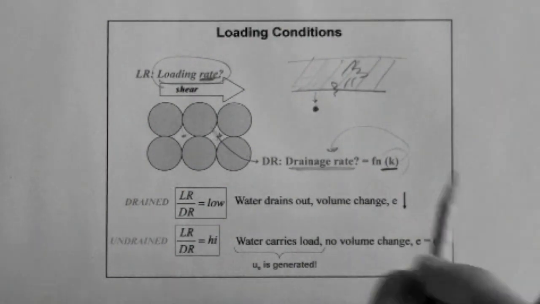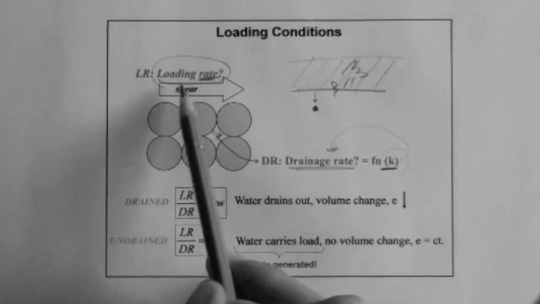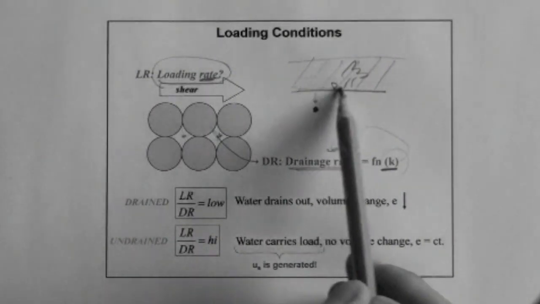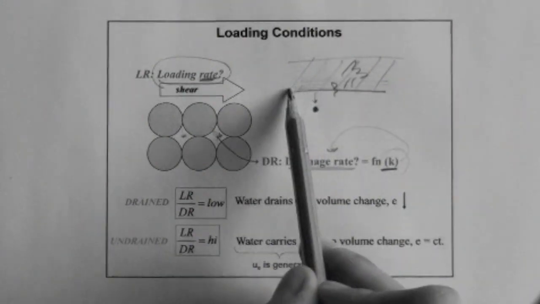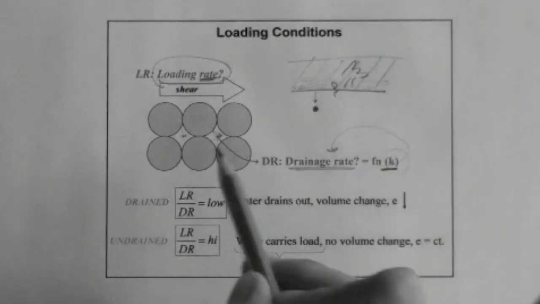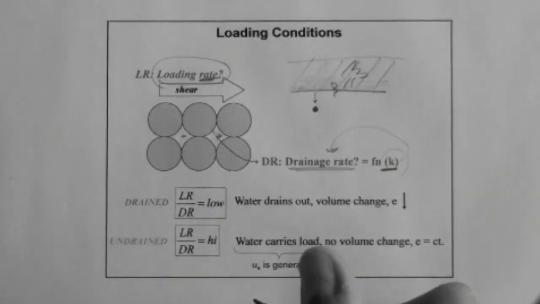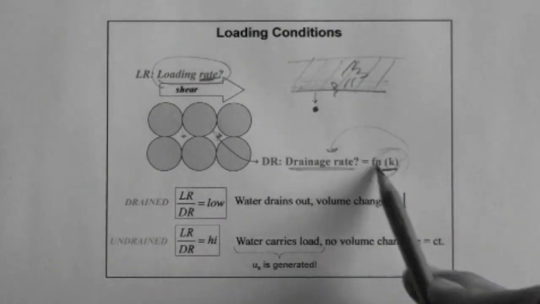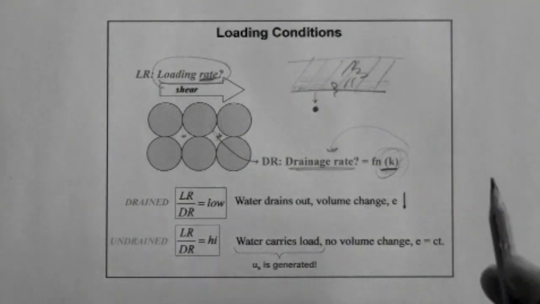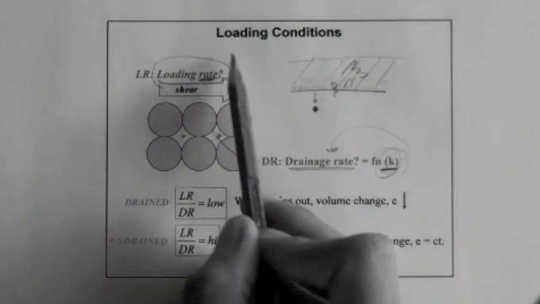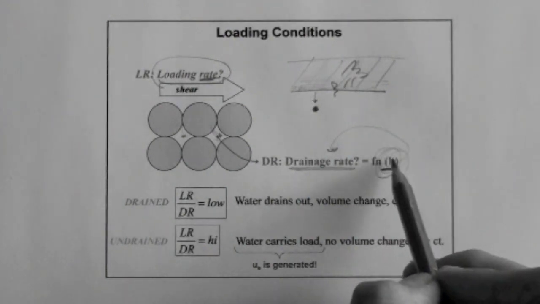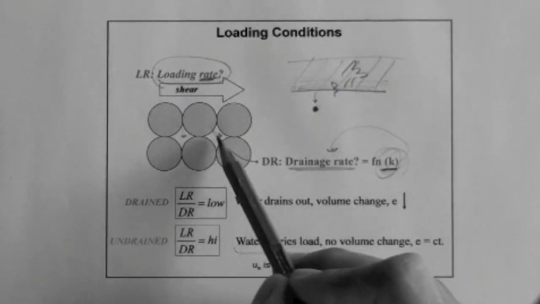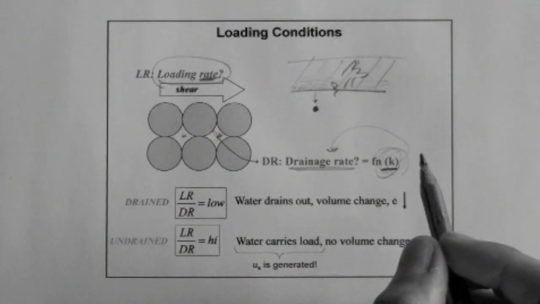Some of the water will be able to escape the voids so that the particles can achieve a dense configuration. Okay? So, what happens if we load very slowly, like we had said before? And let's say that on top of the fact that we load slowly, the soil is gravel. So it's a very high hydraulic conductivity. So we are loading slowly, and the hydraulic conductivity is high, so that the water can easily escape through the voids.